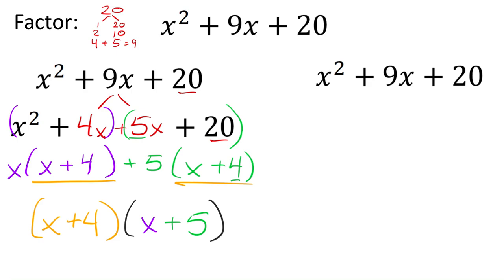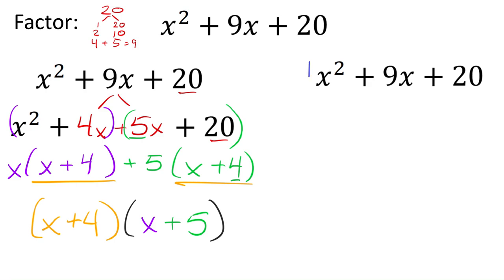If you understand how we broke this 9x up by finding 2 factors of the final term, which they're calling c, and that's fine, then you can use this method all the time. You don't really need to remember any rules. But I've done this a second time because we can use rules.